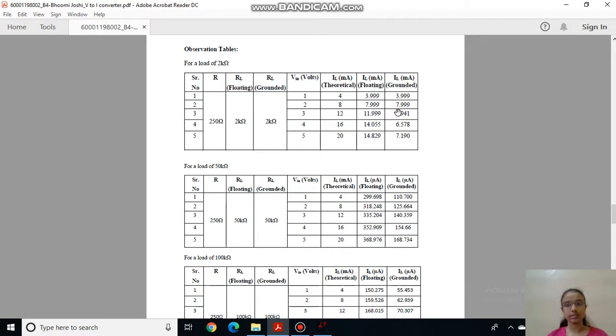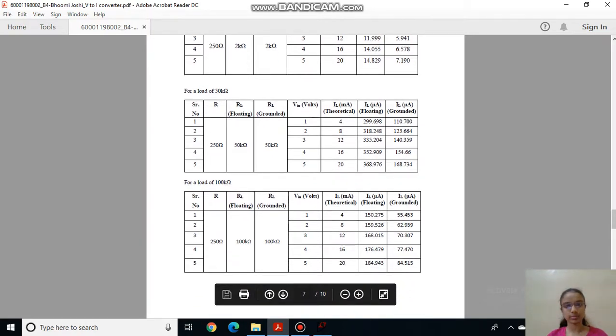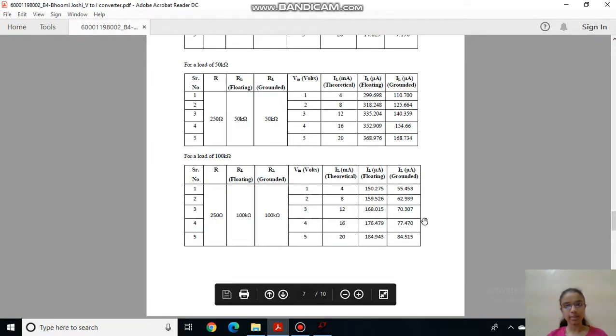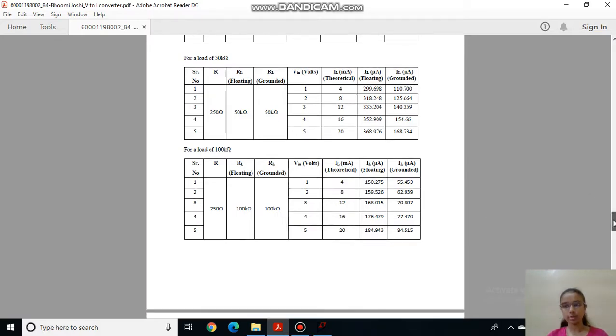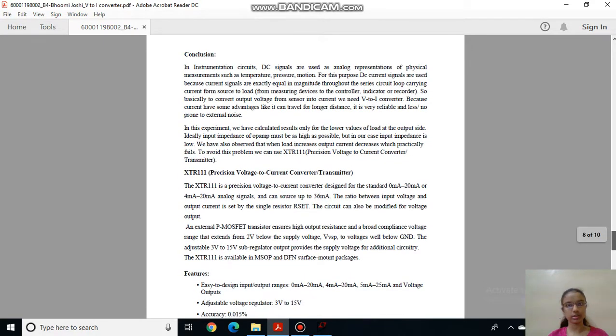I am getting 7.99 milliampere, which is approximately 8. According to that, I am getting all the values. Here as you can see, whenever I am increasing my load resistance, I am getting my output current in decreasing order.